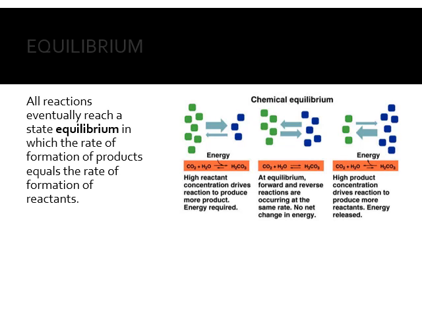It's just like an isotonic solution where the water is moving in both directions at the same time. A reaction will continue to proceed forward in one direction until eventually you hit a point where the amount of products being created equals the rate of formation of the reactants. So everything balances out.